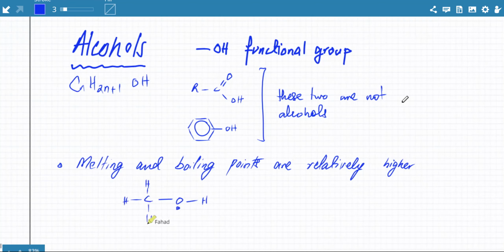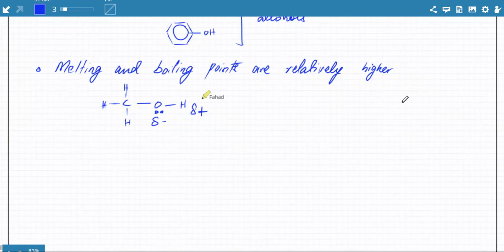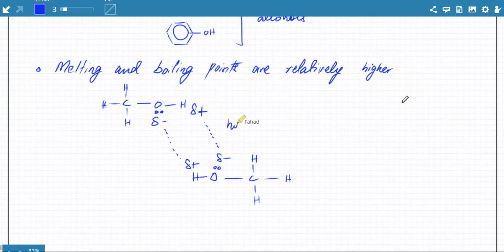When O and H are together, this part would be highly polar, not the entire molecule, only the OH part. It forms hydrogen bonds with other molecules capable of forming hydrogen bonds. For example, this oxygen is negative and this hydrogen is positive, and they attract each other very strongly. There is a strong force of attraction, and this force of attraction is hydrogen bonding.